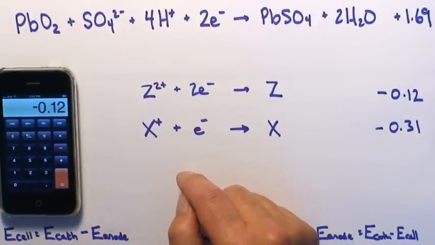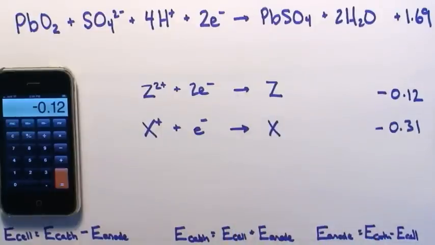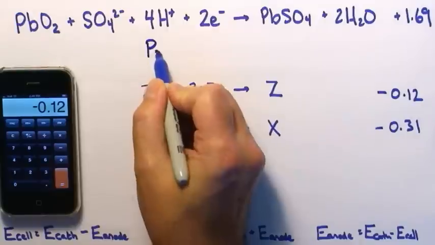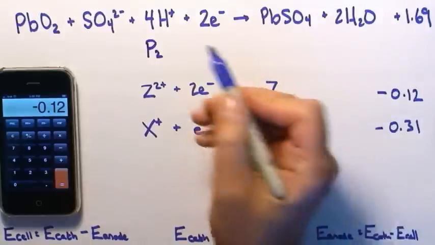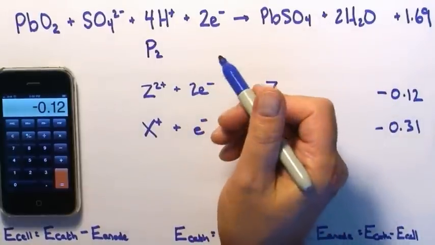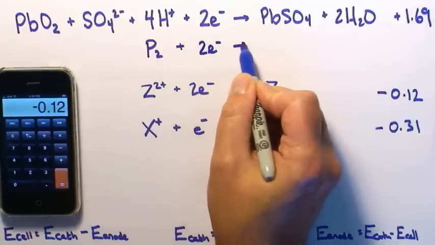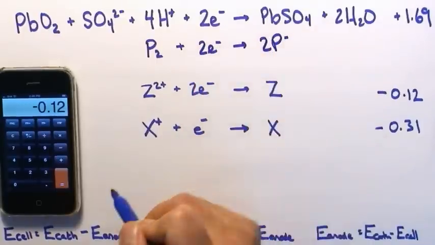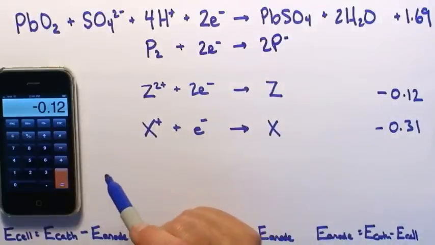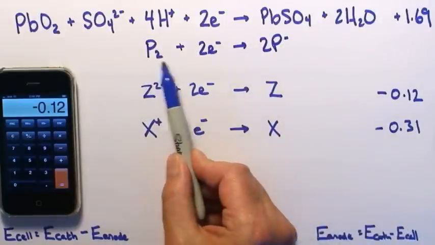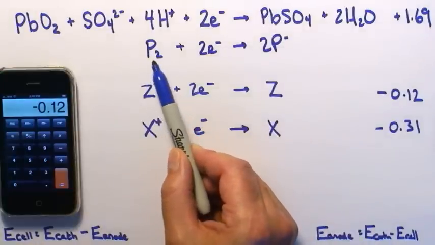Okay, the third reaction shows the Z metal reacting with P2. I have space here, so I'm going to put P2 here, but again, P2 could be above this one. It depends. Again, you should write this out in pencil in case you have to do some erasing. So the reduction half reaction here, as drawn out from the question, is like this, and I'm looking for the E cathode again.